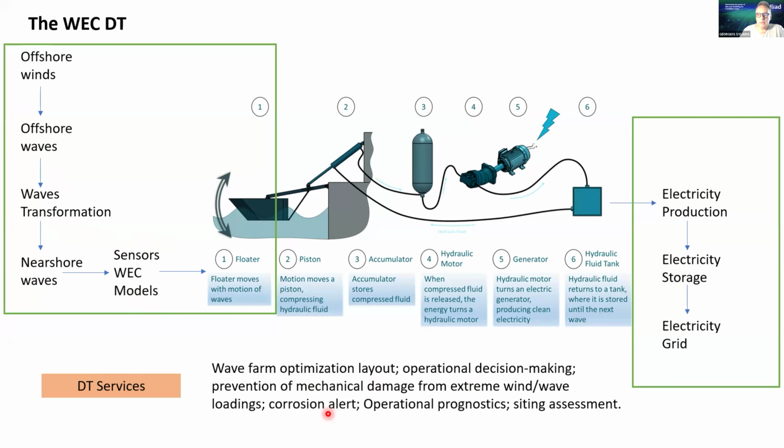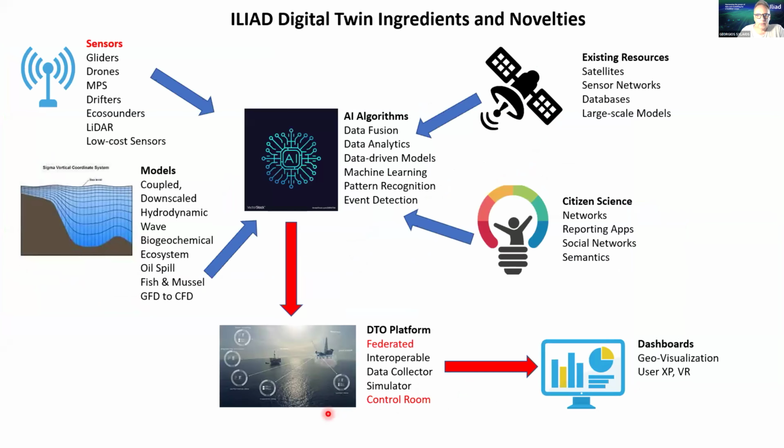All these are extremely important for the wave energy digital twin. So overall, this is the pipeline that we have in Iliad in almost all of our pilots.